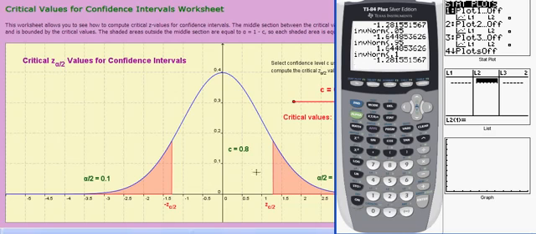The z-score to the right of this middle region can be found using, now I'm going to give it the area to the left of this particular location, which is going to be 0.8, plus the area in the left tail, which is 0.1. So that's going to be 0.9.